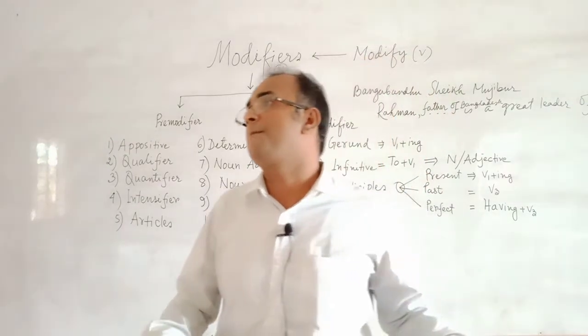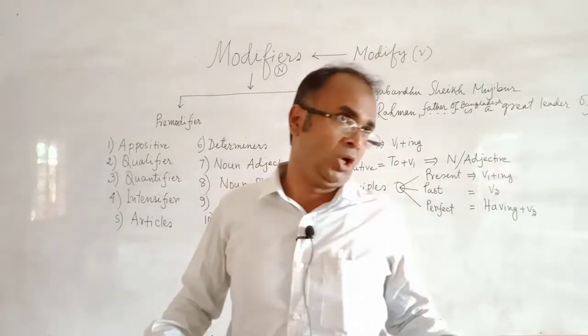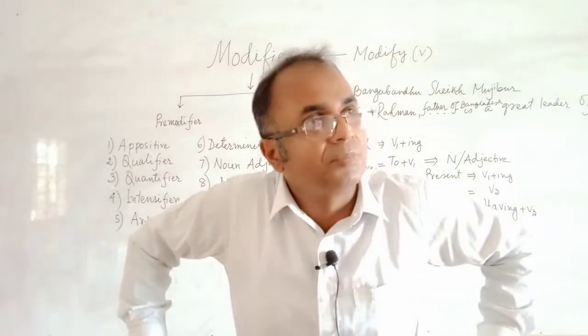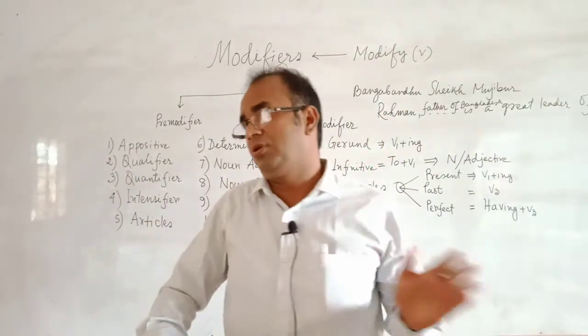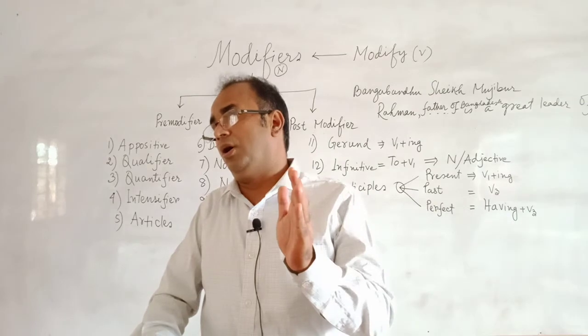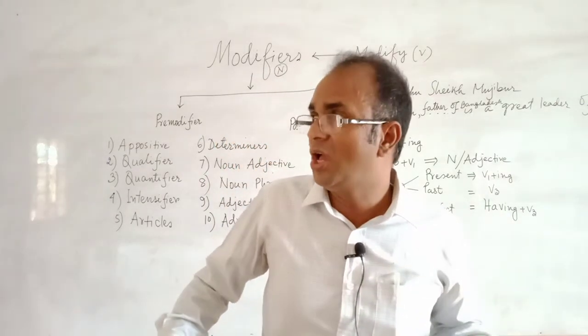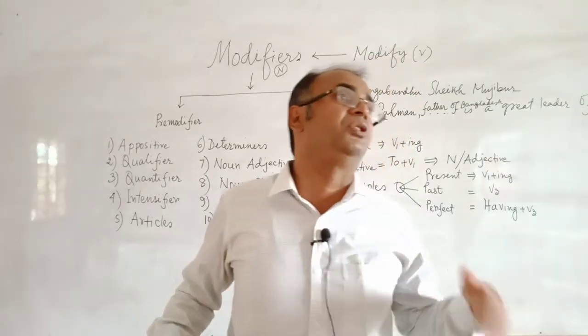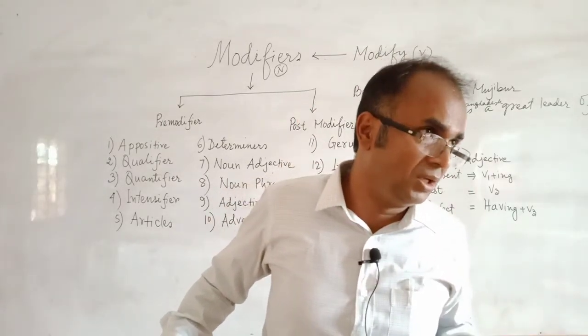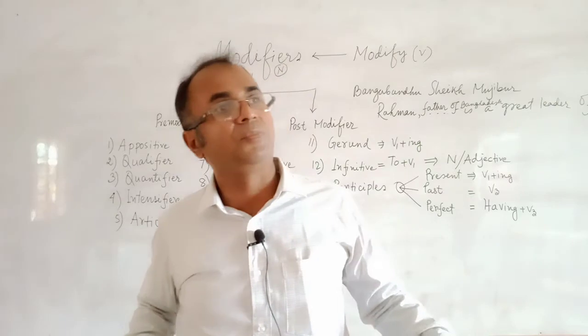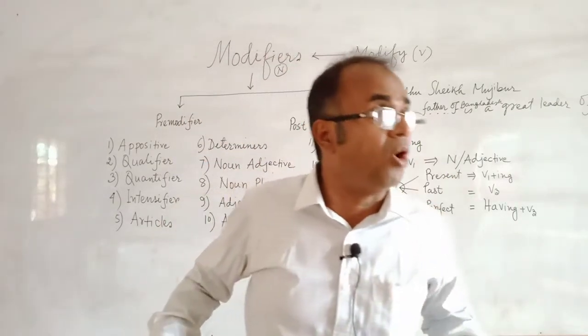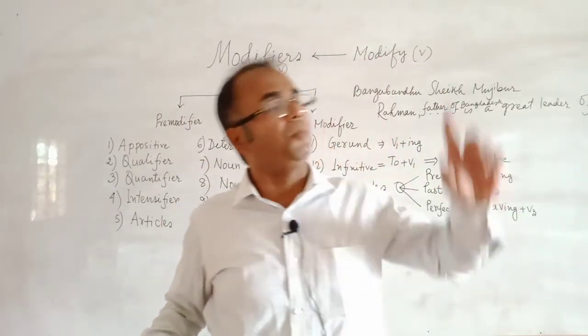Suppose Rohim is a good student. He reads in Notre Dame College. That is a test with the beginning of a boy named Rohim. He reads in Notre Dame College. So what is the appositive of Rohim?